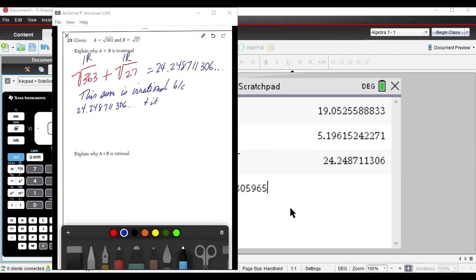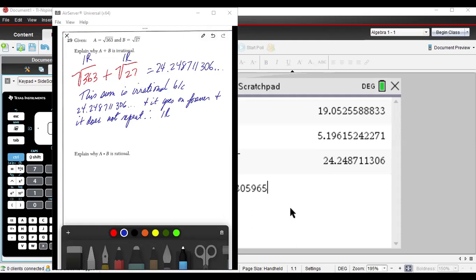The number goes on forever, and it does not repeat. Therefore, it's irrational. That's my reasoning. Boom, done.